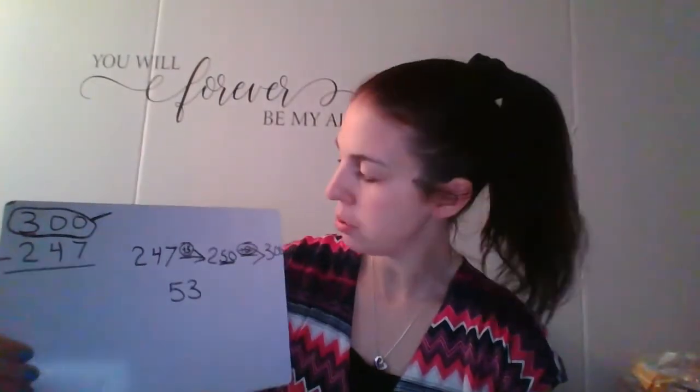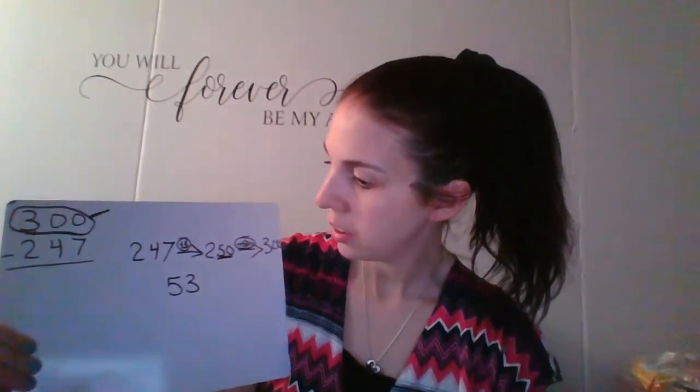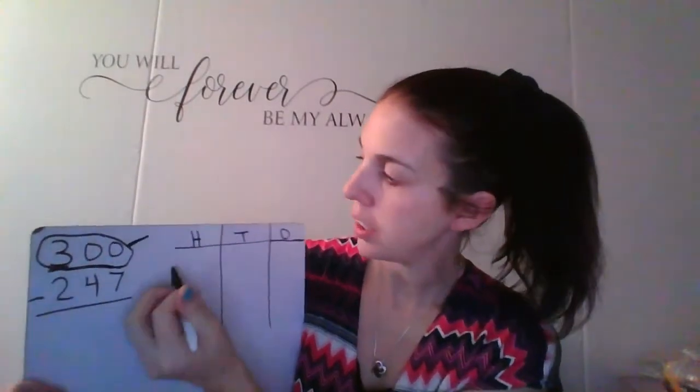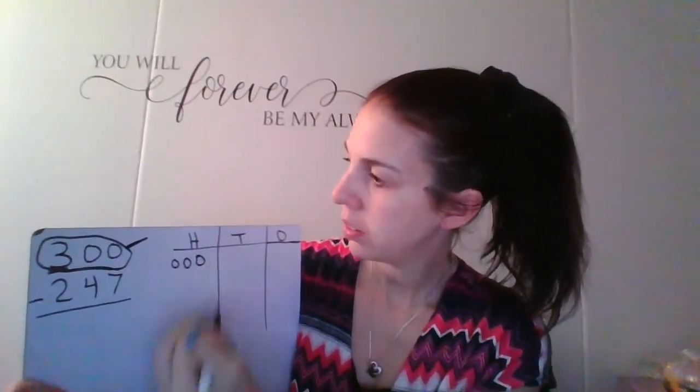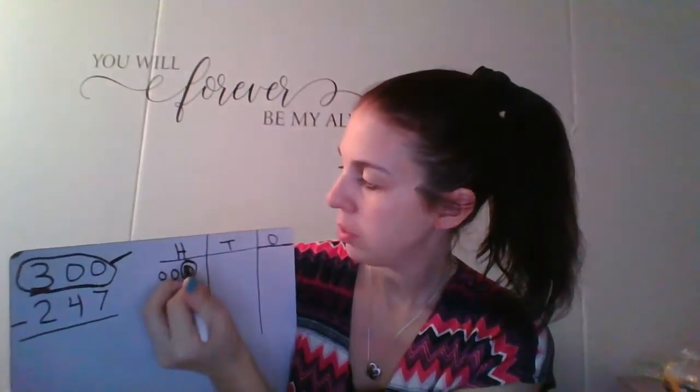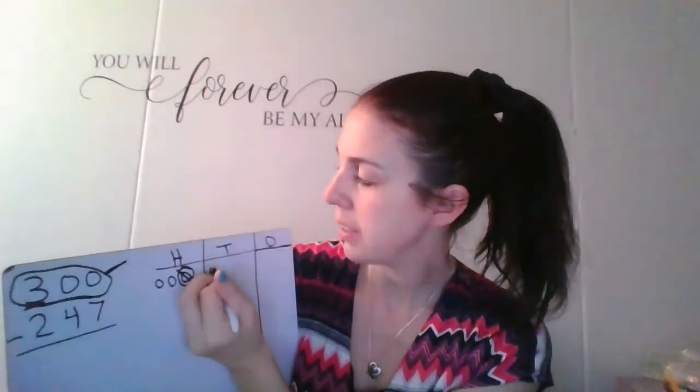Now I can also use our place value chart and solve it that way. So with the place value chart, we'll show 300. And we want to take away 7 ones, which we don't have, okay? We've talked about this before.